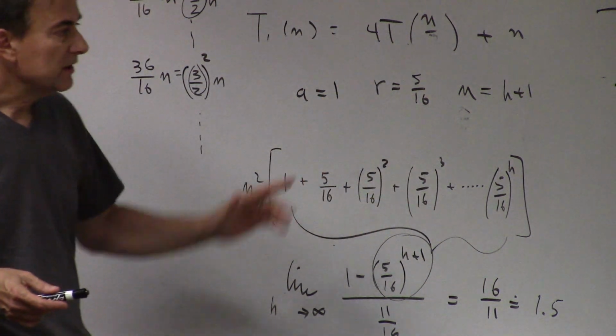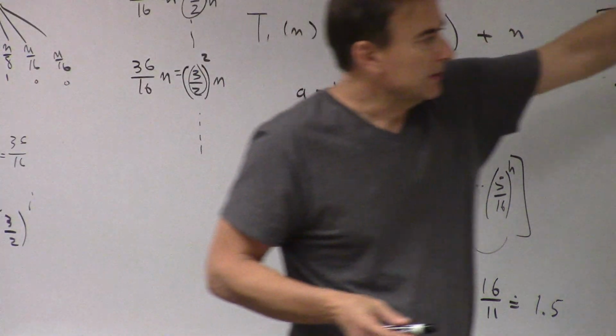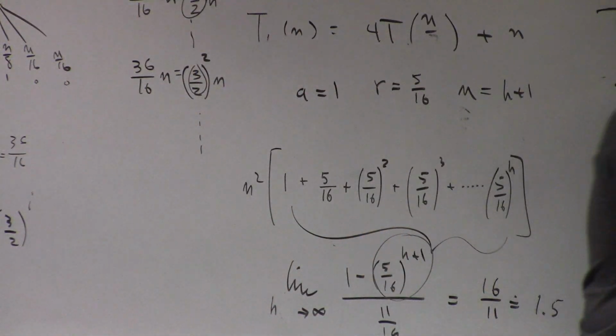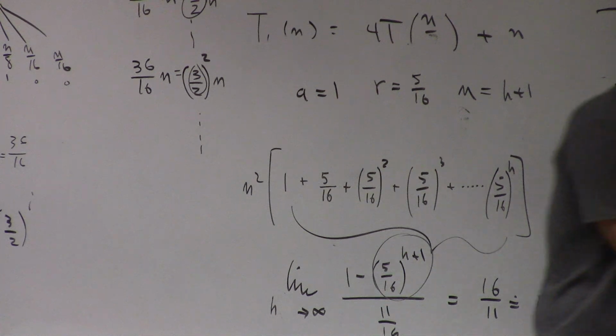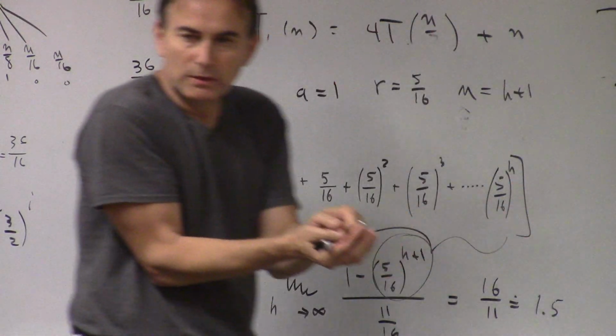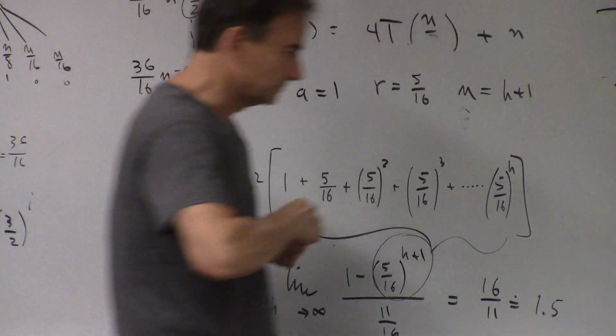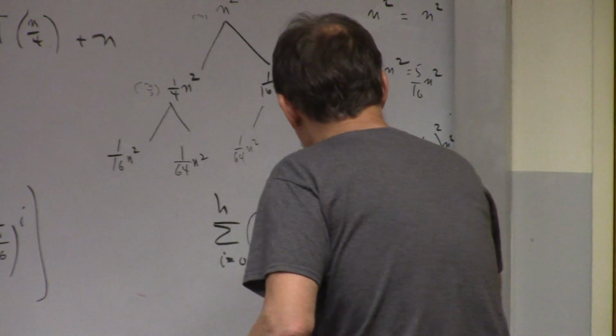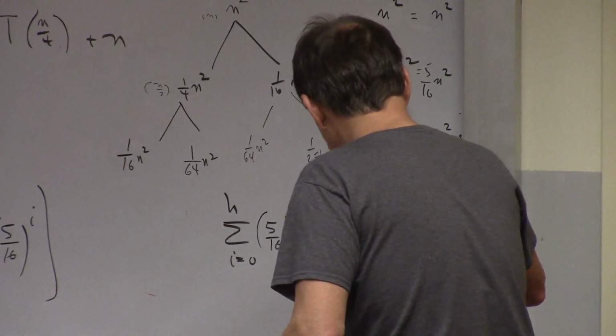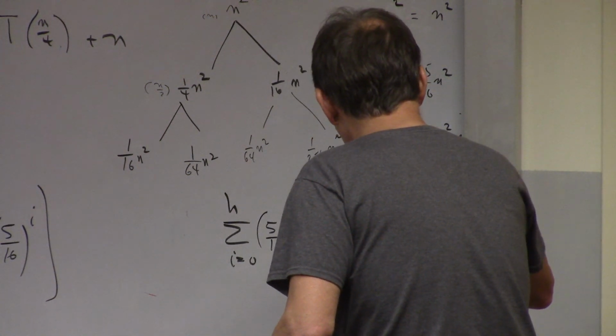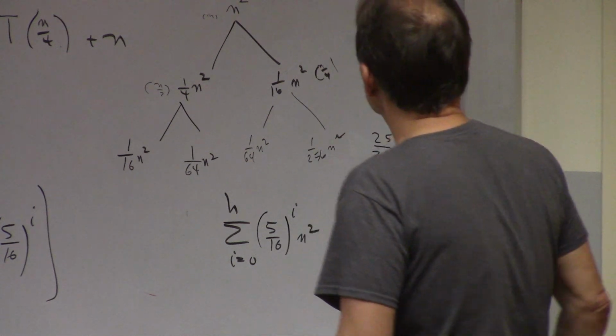Even so, if we sum the amount of work being done, that sum will converge to a finite number, 1.5 times n squared. So the summation here ends up being about 1.5 n squared.